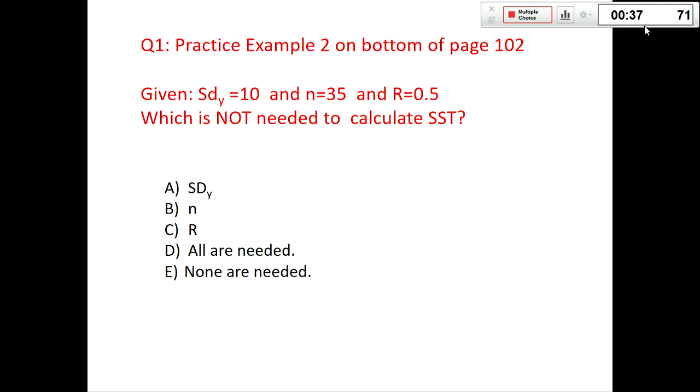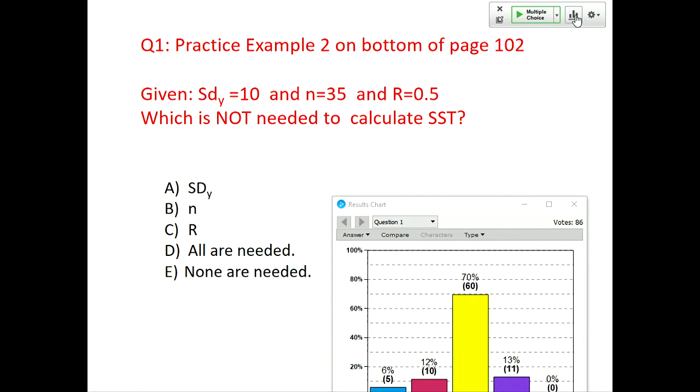I'll just give you up to a minute, because some of you are just walking in. Okay, so most of you chose C, r. That's correct. That one's not needed.